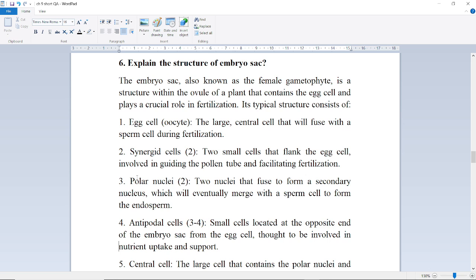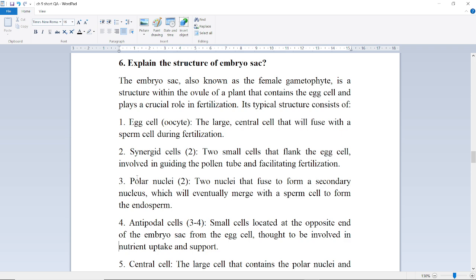Its typical structure consists of: first is egg cell or oocyte, the large central cell that will fuse with a sperm cell during fertilization. Next is synergid cells, two small cells that flank the egg cell, involved in guiding the pollen tube and facilitating fertilization.